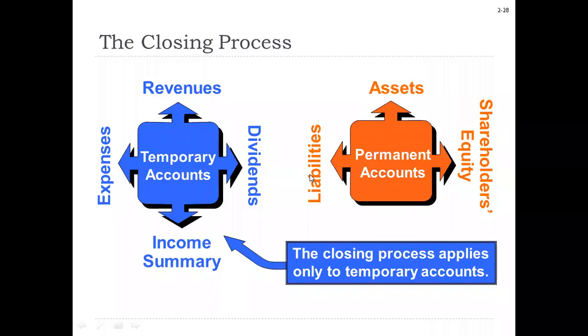Assets, liabilities, and the shareholders' equity accounts that are not these accounts here, those are permanent accounts, so we do not close those out. So the stuff on the balance sheet, we don't close. Stuff on the income statement, we do close. Okay.